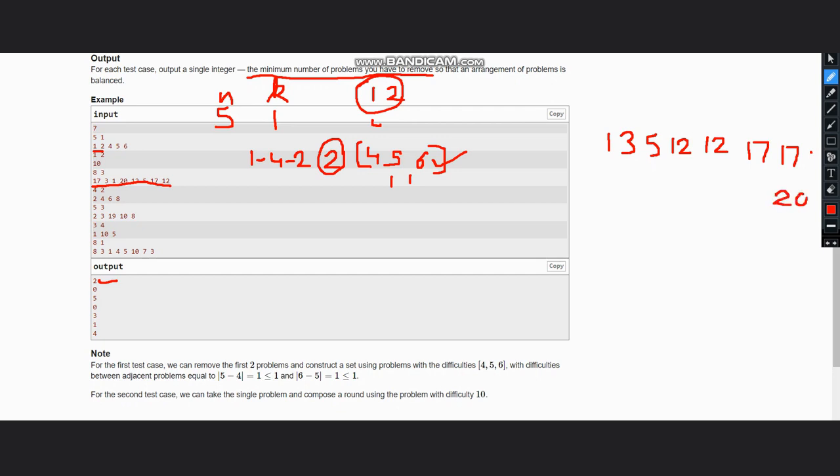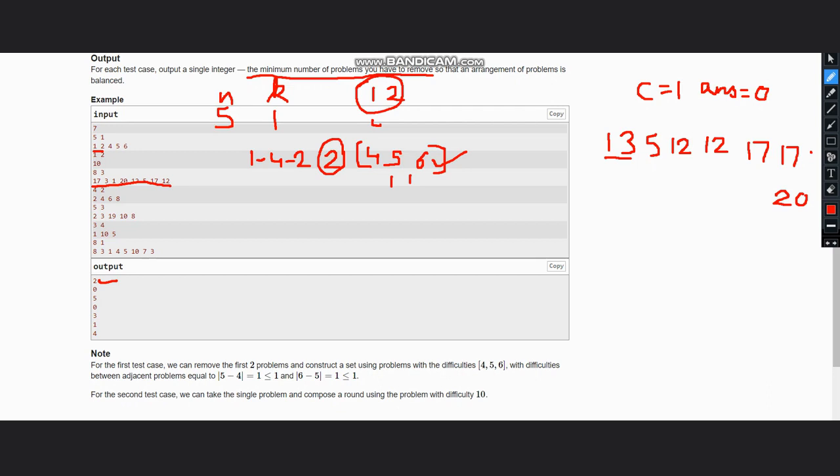Now we check the absolute difference between the elements. So first we can have our count equal to 1 and our variable answer equal to 0.